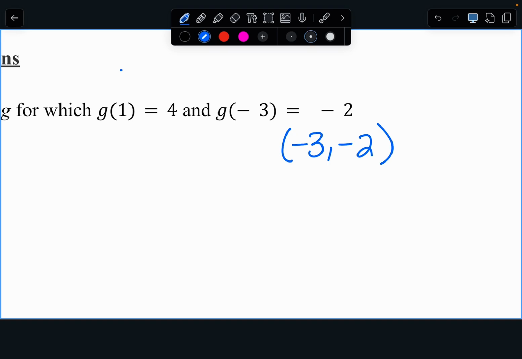So again, this is the ordered pair (1, 4). Over here, g of -3 equals -2 means that this is the point (-3, -2).